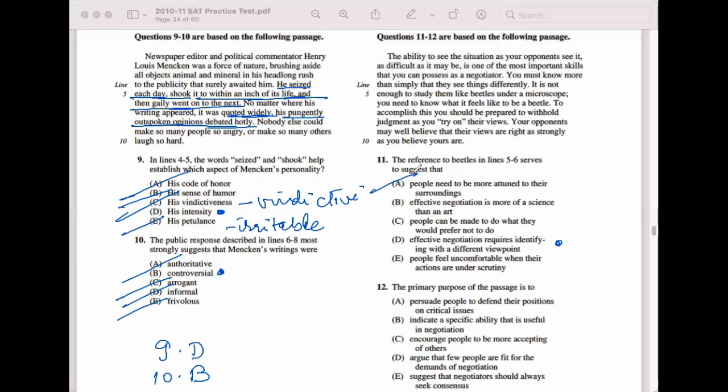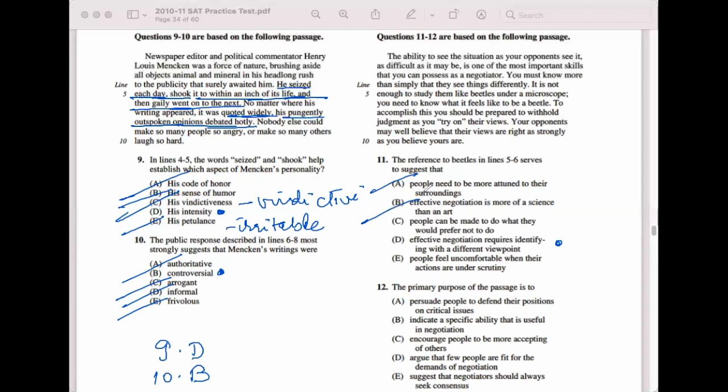I don't think that's what the beetle example brings up. If anything, it brings up that it's more of an art than a science, because you have to get into the mind of the person, right? So you have to look at the subjective nature of the negotiation. So B doesn't really capture what the passage is trying to say.